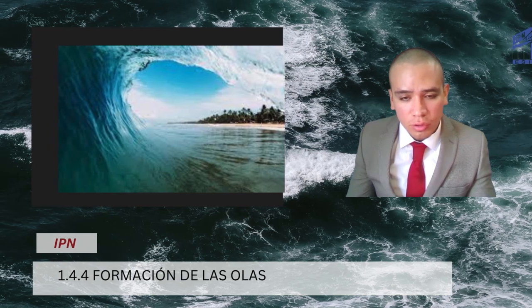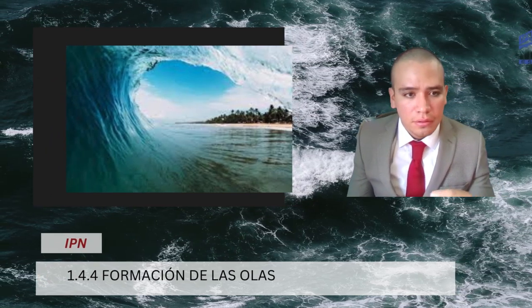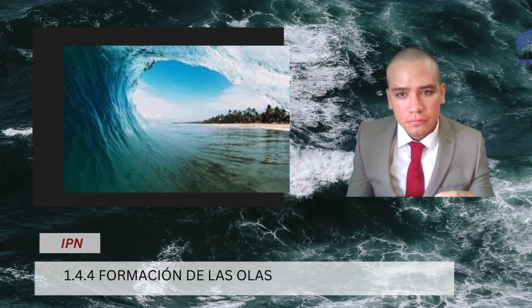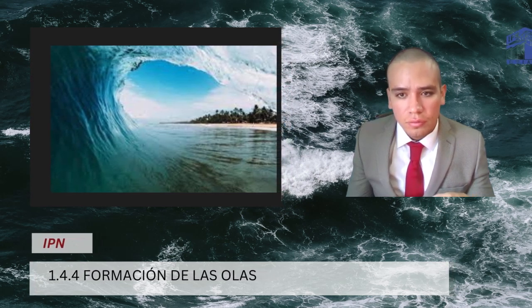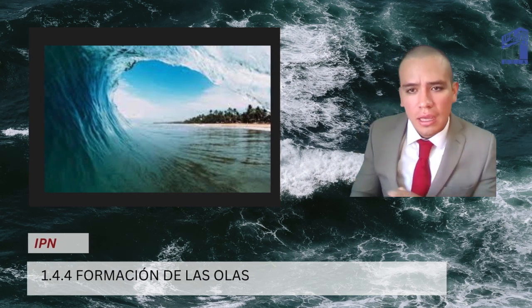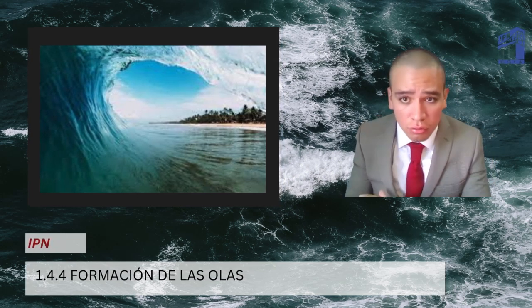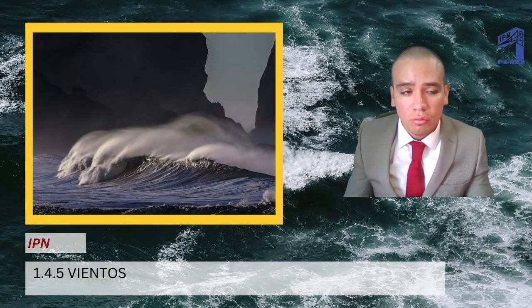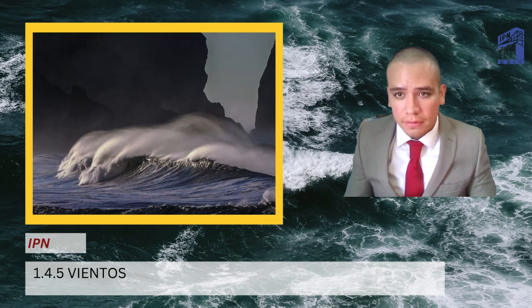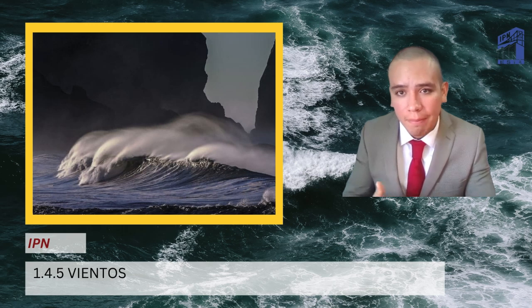Wave description. The parameters to consider in a wave are height, length, period, significant height, and speed. The height of the wave is the difference in elevation between the crest and the trough or valley of the wave. The crest is the high point at the front of the wave, and the trough is the lowest point on the water surface between one crest and the next.